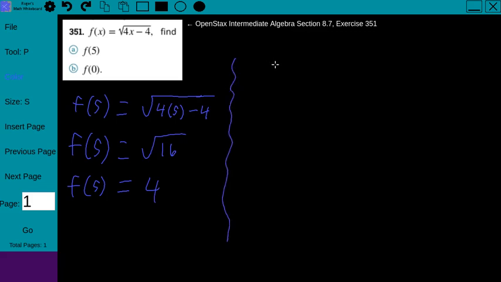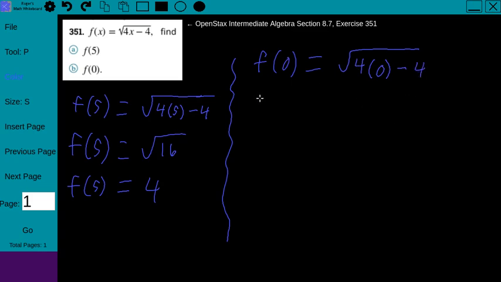Now let's do part B. We're asked to find f of 0. So f of 0 equals the square root of 4, and then that x becomes a set of empty parentheses. We're going to put in 0, and then minus 4.